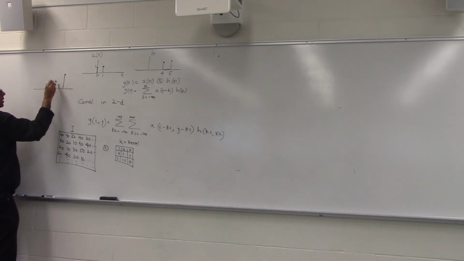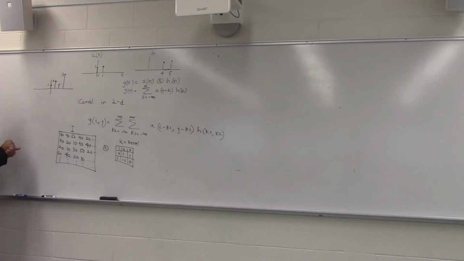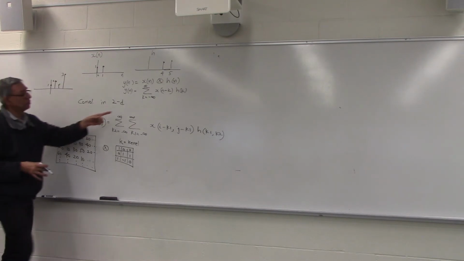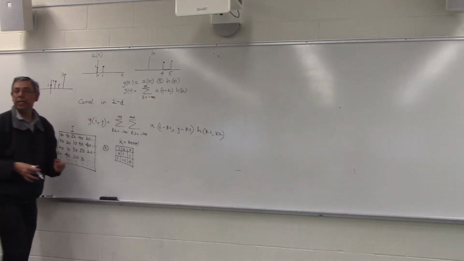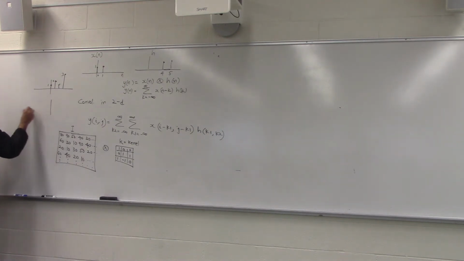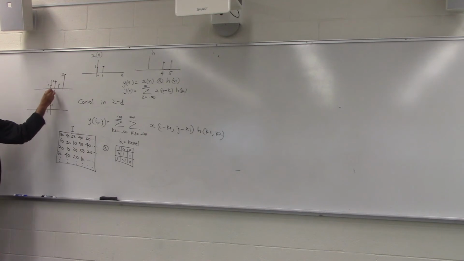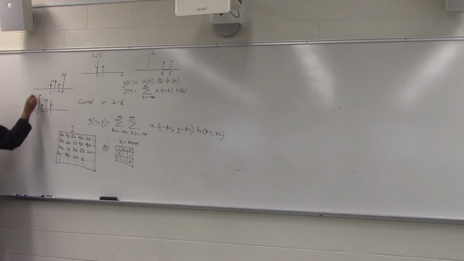So 1, 2, 1, 3. Okay, so if I flip it, to do something like minus k on the k scale, then what will happen? This will become 1. This 2 will move to the negative 1, then 1, and then, see, this was 1, 2, 3. So at negative 3, you'll see it will be 3.